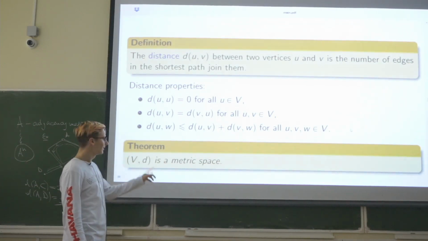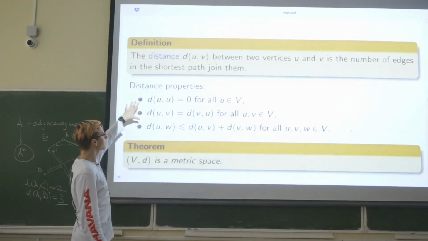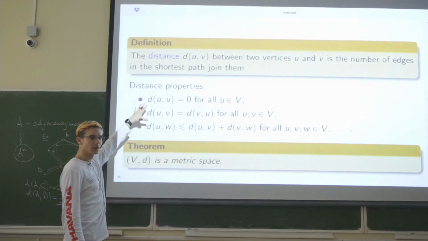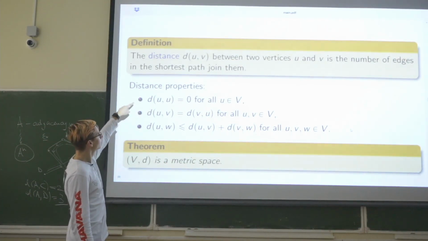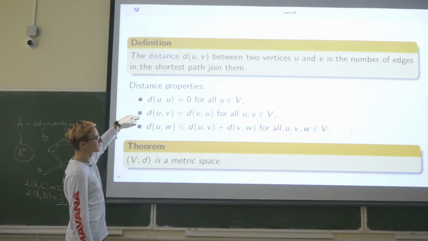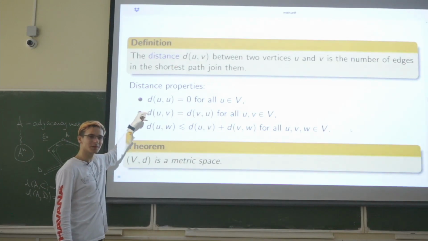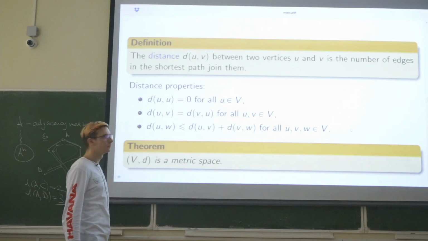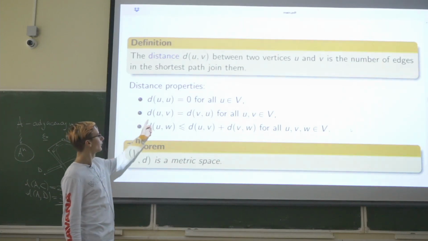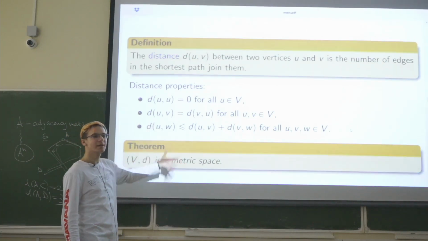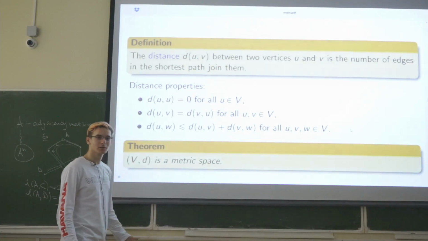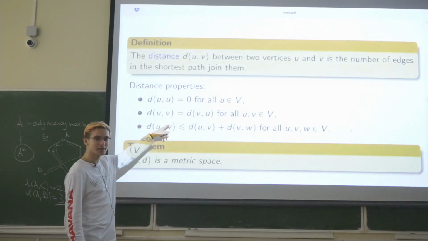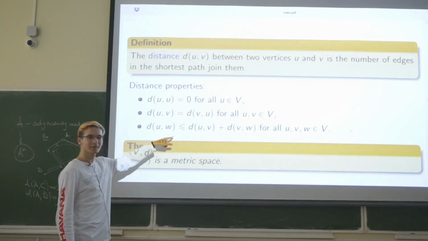So this theorem says that these 3 properties are true, okay? Do you understand why first and second properties are true? Because same point. Yeah. Second one is just path from U to V and back, because the graph is undirected.